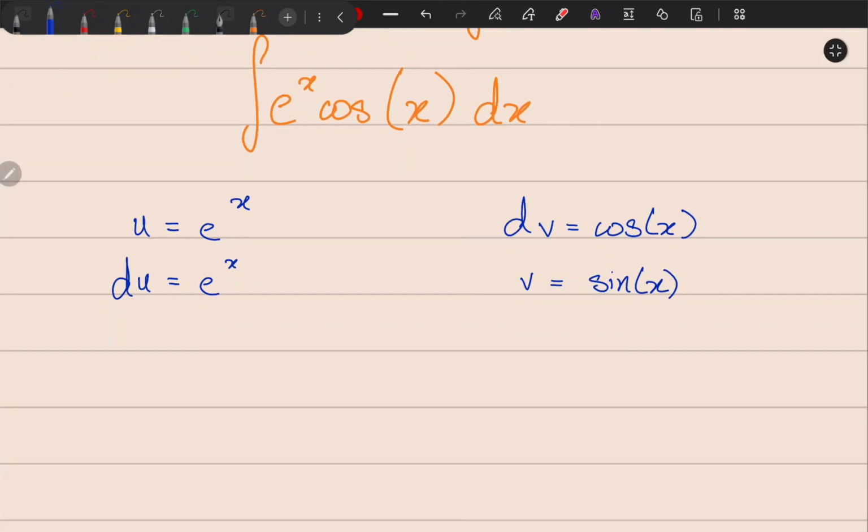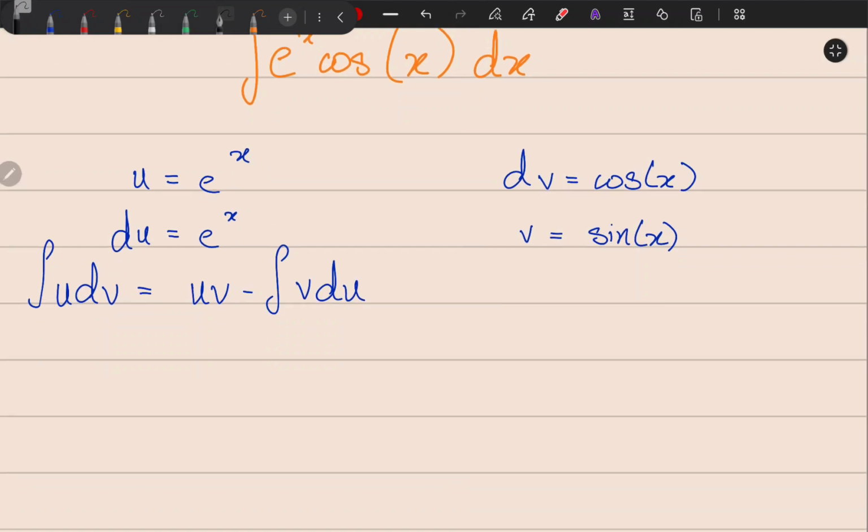And for those who forgot, the formula for integration by parts is the following. The integral of u dv is equal to uv minus the integral of v du. Alright, so now let's get started.